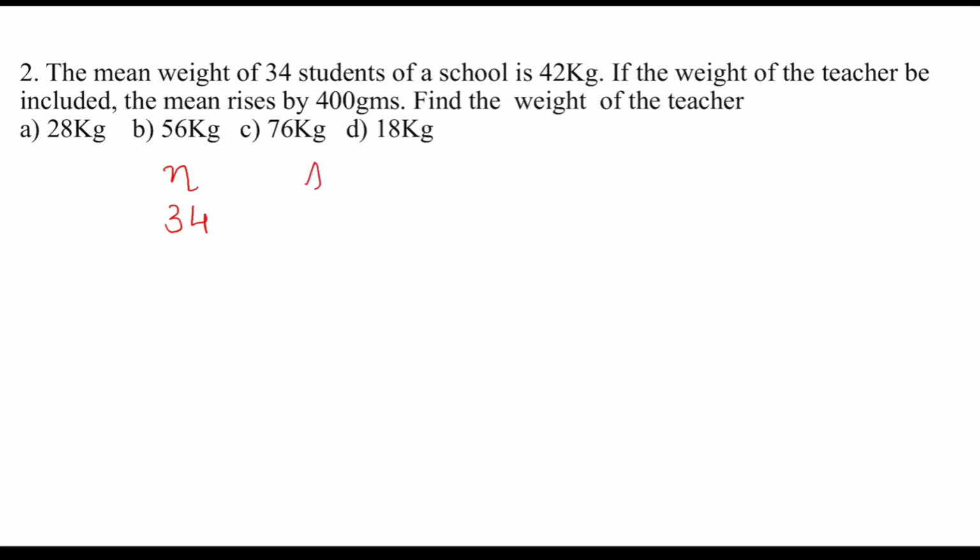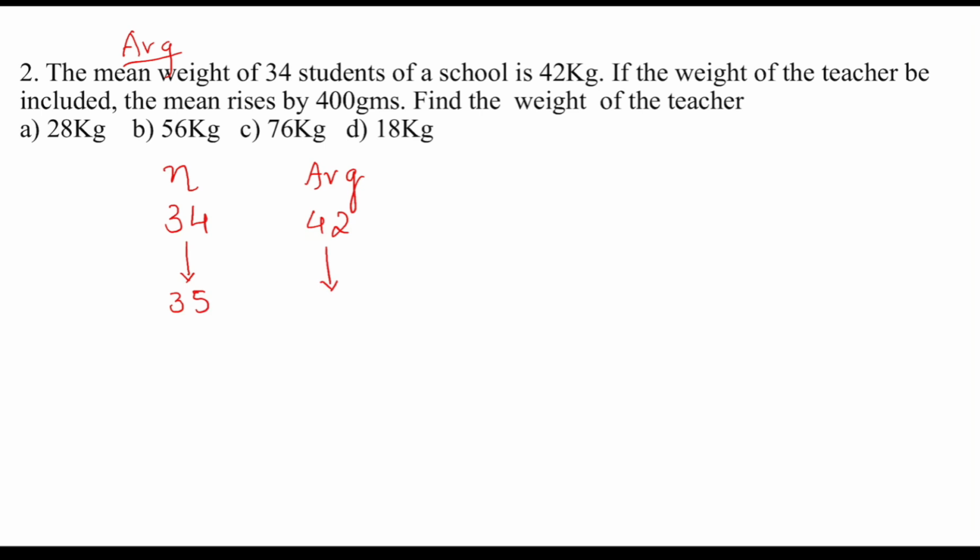So the average weight of 34 students is 42 kg. If the teacher is included, the number now became 35. Then the mean will rise by 400 grams.